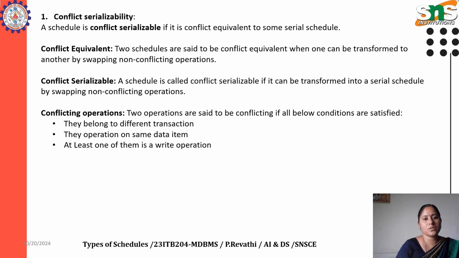Conflicting operations: two operations are said to be conflicting if all the below conditions are satisfied. They belong to different transactions, they operate on the same data item, and at least one of them is a write operation.